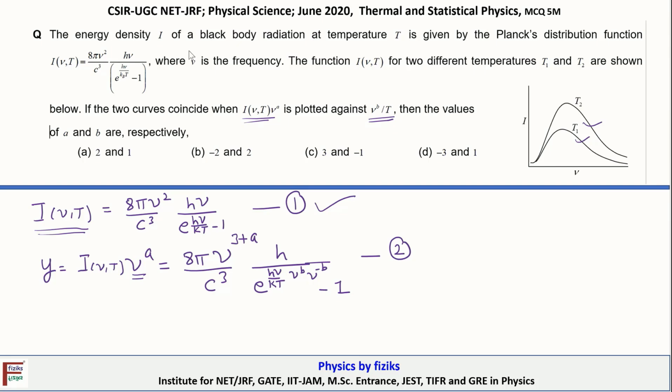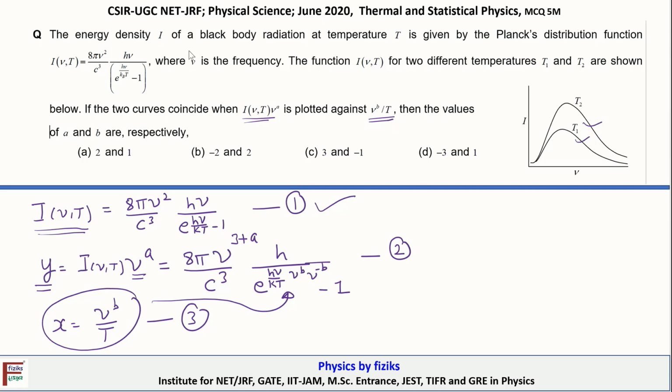This function y has to be plotted as a function of ν^b/T, so we take x = ν^b/T. We'll call this equation 3. Using x = ν^b/T, we eliminate T from these two equations.